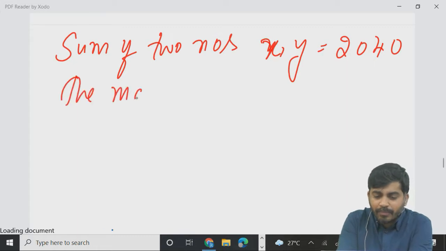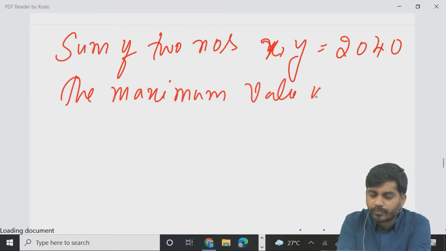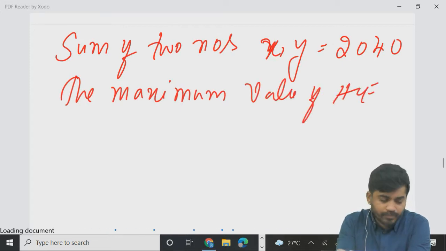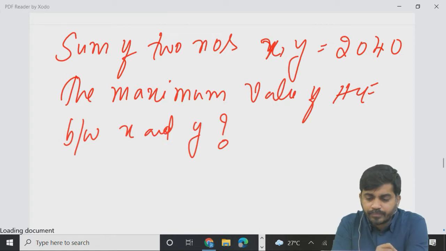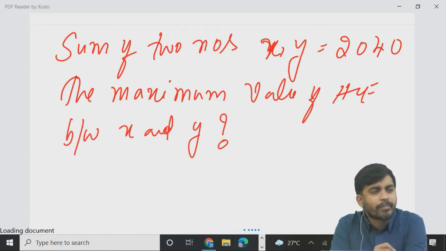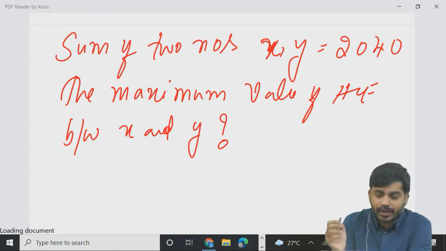The maximum value of HCF between x and y. What is the maximum possible value for HCF between x and y?